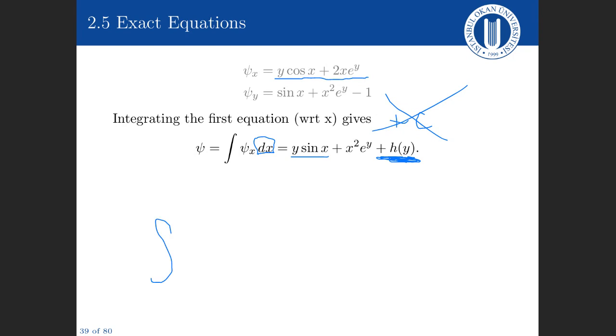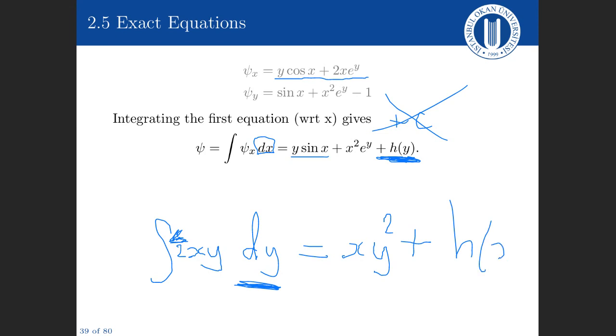If I did the integral of, let's say, 2xy, but dy, x stays the same. The integral of 2y is, of course, y squared. And then we need to add something. Because we're integrating with respect to y, we must add on a function of x.